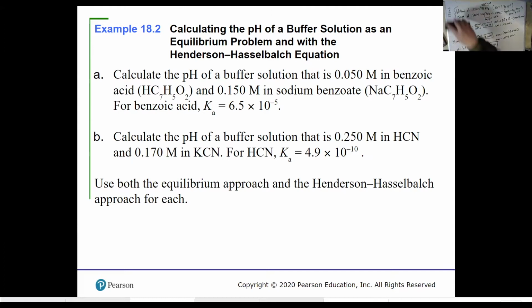So we'll try both methods to find the pH for each of these buffer solutions. Let's write down some of this info. I'm going to shorten benzoic acid to H-benz.